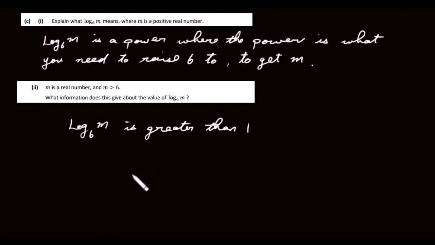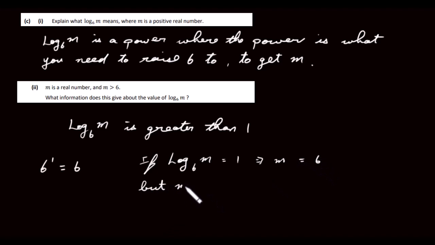And remember, 6 to the power of 1 will give me 6. So if log m to the base 6 is equal to 1, that would mean that m is equal to 6. But m is bigger than 6, therefore log m to the base 6 has to be bigger than 1.